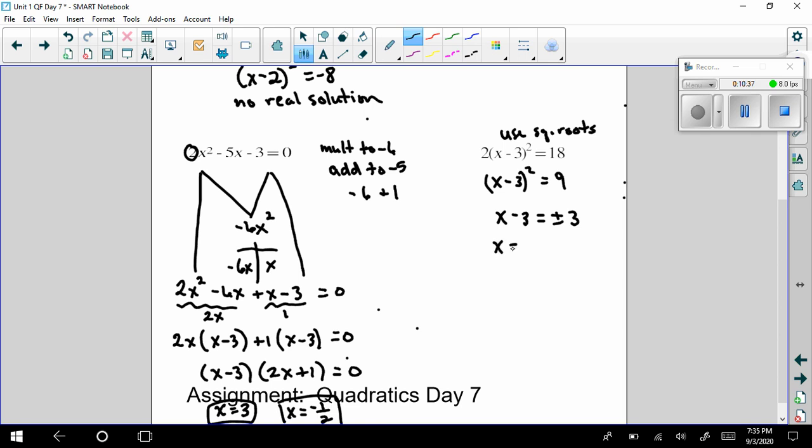Add 3 to both sides, so I get positive 3 plus or minus 3. So I get 3 plus 3, x equals 6. And I get x equals 3 minus 3, so x equals 0.